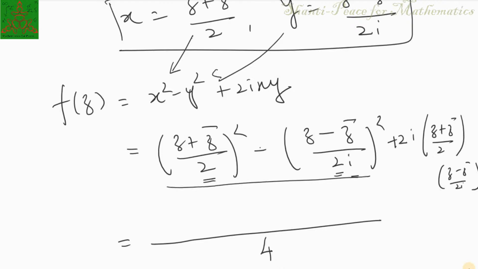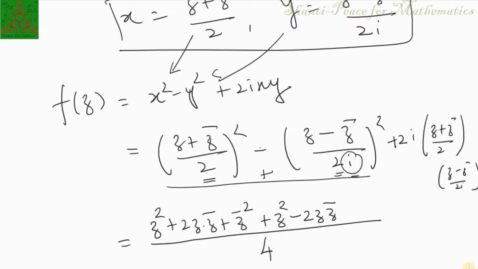So I am just writing that here, and by doing the square of the numerator, we'll have z square plus 2 z z bar plus z bar square, and here this will be i square, so that will become plus here, and if you simplify that, you will have z square minus 2z z bar plus z bar square.